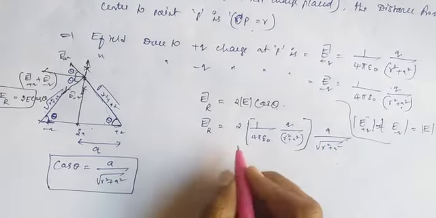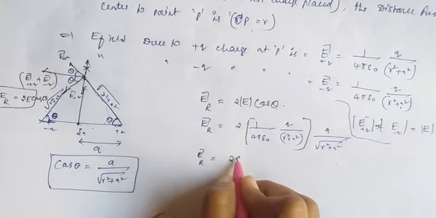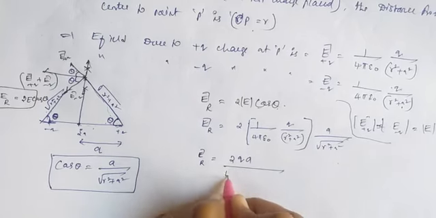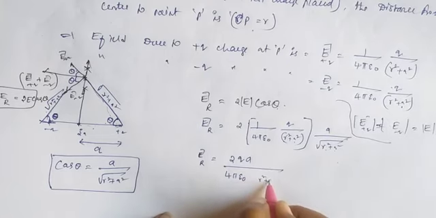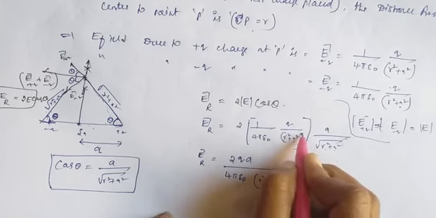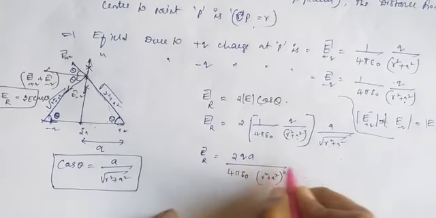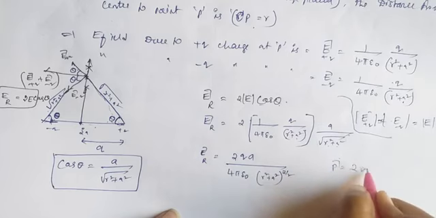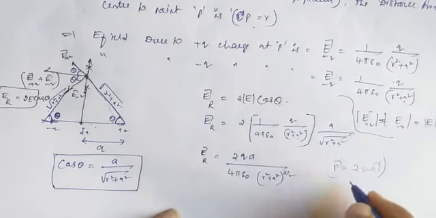Okay, so now E resultant is equal to 2 into Qa by 4 pi epsilon naught into r square plus a square, whole power 1 by 2 plus 1, so that is 3 by 2. Already we know that P is equal to 2Q into a.